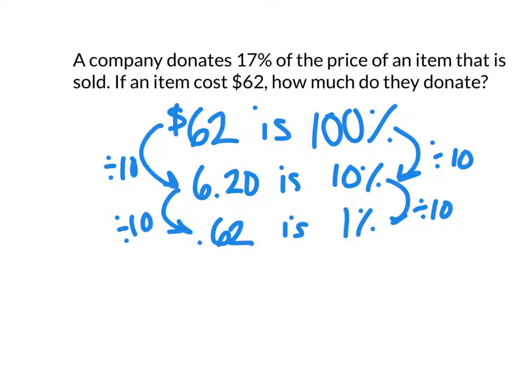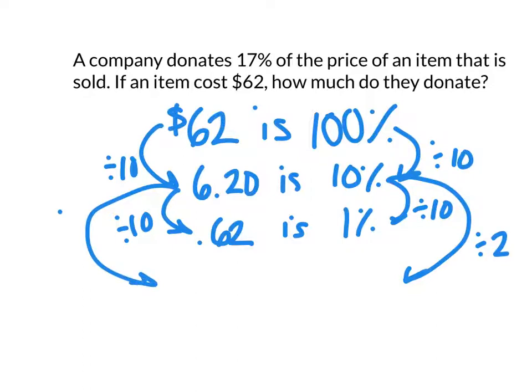Now I could take my 1% and multiply it by 17, and that would get me to 17%. So that's one strategy. I'm going to get to 5%. So I'll divide by 2 to get 5. And that would be $3.10.